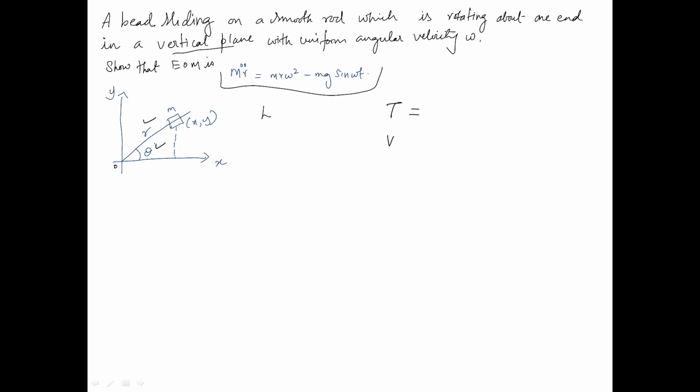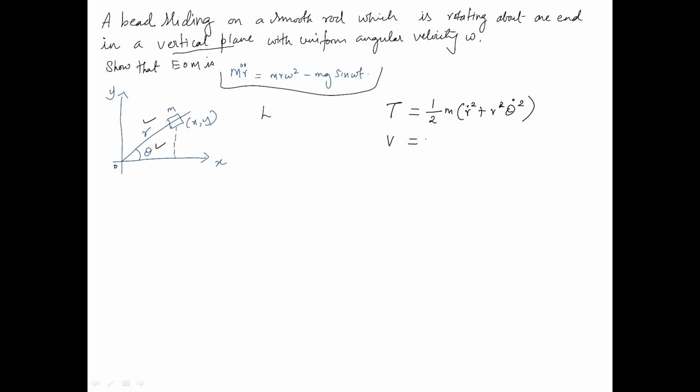Since it consists of theta and r, we are dealing with cylindrical coordinates. So for the kinetic energy, instead of mv square, we have m times r dot square plus r square theta dot square. Once you transform from Cartesian coordinates to cylindrical coordinates, we get this.